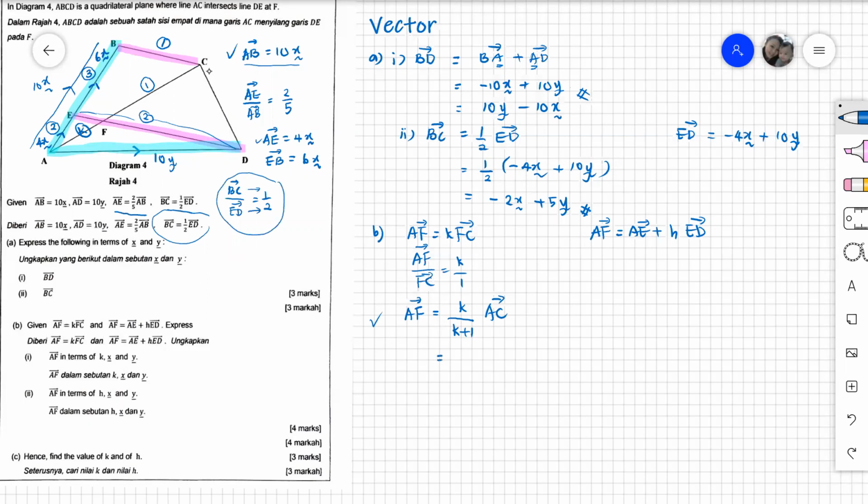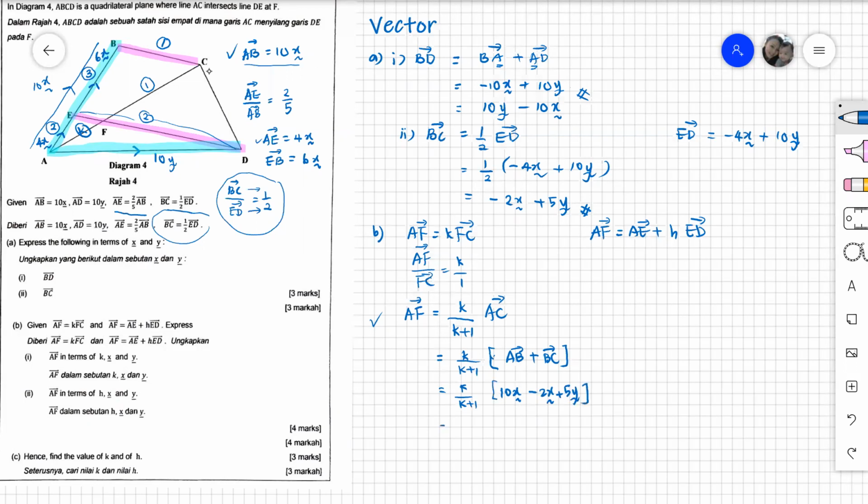And then let's just put AC in, okay, k over k plus 1 times the AC. The AC is A to C. Okay, AC basically is AB plus BC. All right, so just put in the AB, which is 10x, and BC we just found in part 2, which is negative 2x plus 5y.